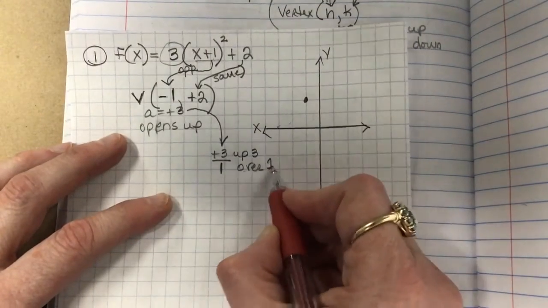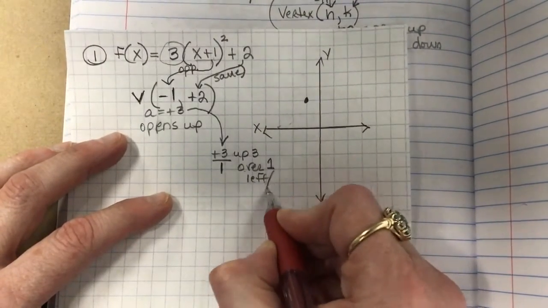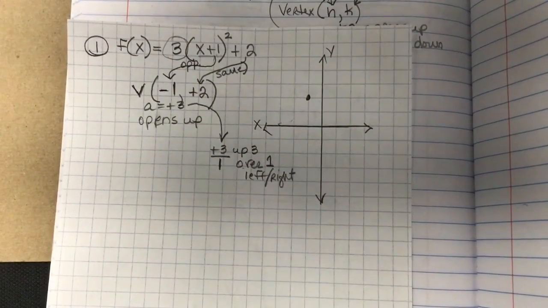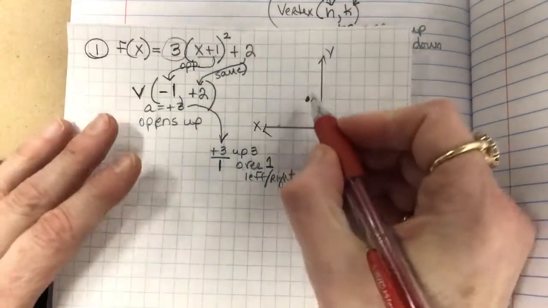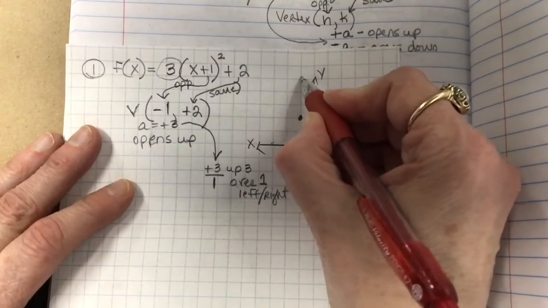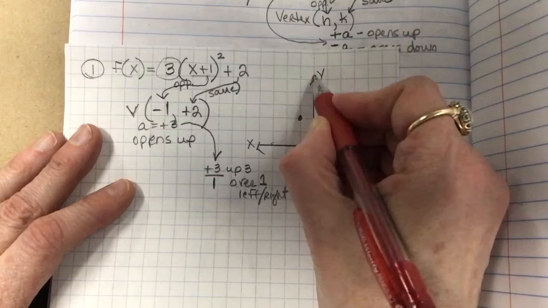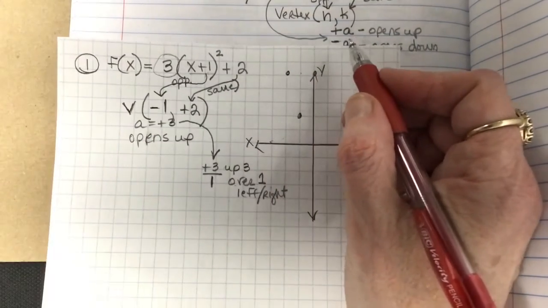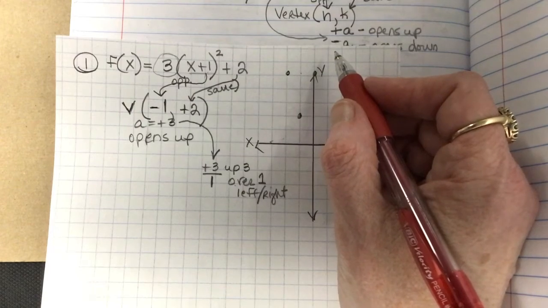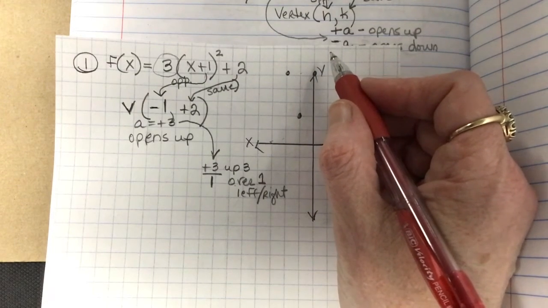So I'm going to say over 1 left and right. That's the way we did it before, so you have to remember that. So from your vertex, go 1, 2, 3, and 1 to the right, and 1 to the left. You cannot do more because these are not any kind of linear relationship.